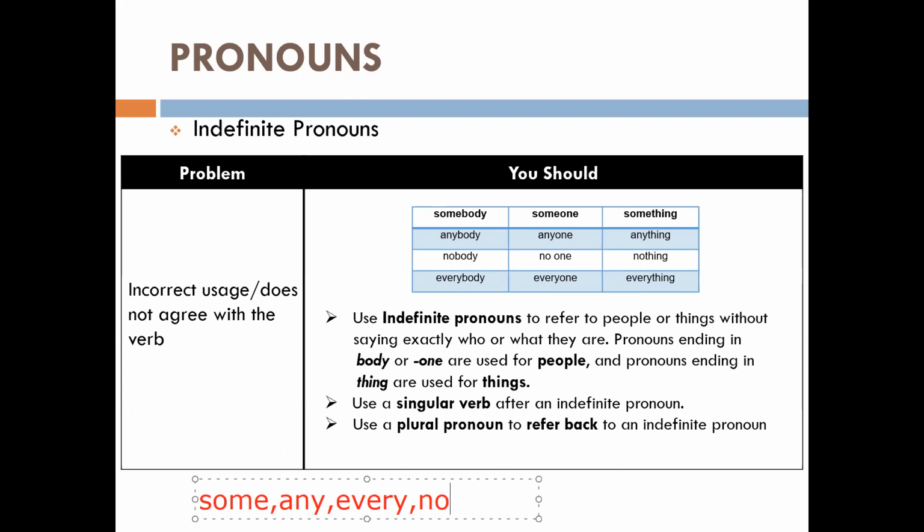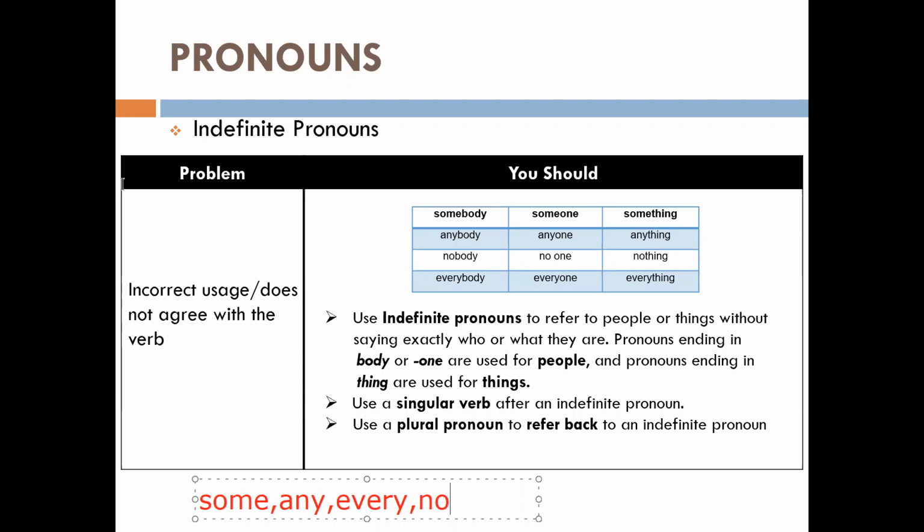All right? Body, one, para sa tao. Somebody, someone, anybody, anyone, everybody, everyone, nobody, no one. Para sa tao yon. And if you're going to put thing, something, anything, everything, nothing, it means sa bagay yon.